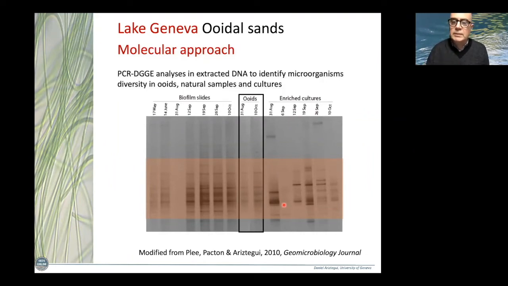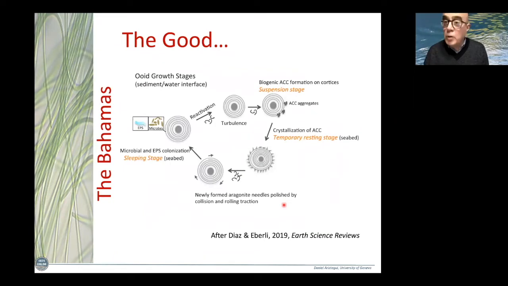So this model that we published in 2008 actually has also been applied to other places, for instance the Bahamas, and I'm showing you here this diagram because I think that is a very nice sketch of what is happening, after a review by Diaz and Eberli from 2019, where you see that in the Bahamas, and it's the same as in Geneva, in the bottom, you have kind of an EPS colonization on a sleeping stage in the seabed.